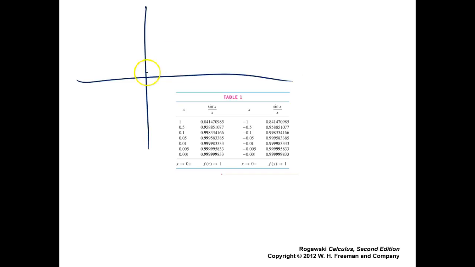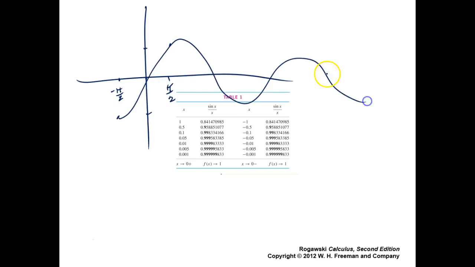Where does it begin? 0, 0, and at pi over 2 it goes to 1, at negative pi over 2 it goes to negative 1, and then it just goes up and down. That's basically what a sine curve is, a really ugly sine curve. It goes through 0.